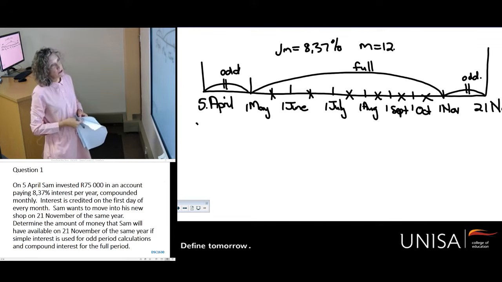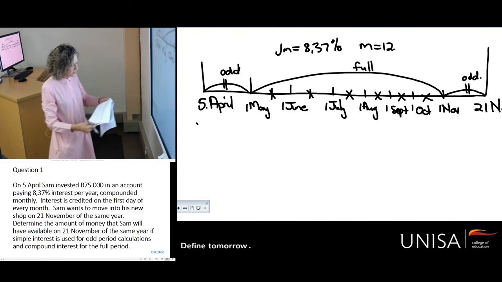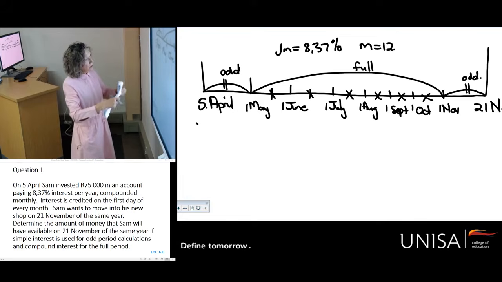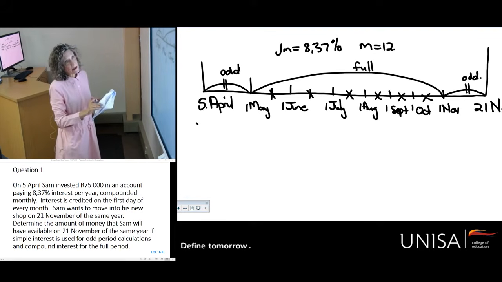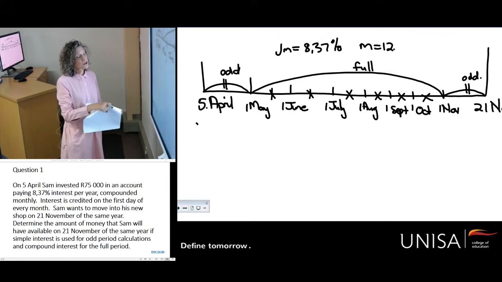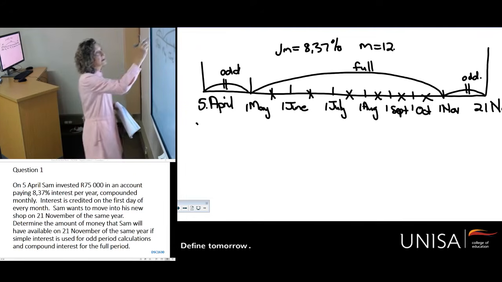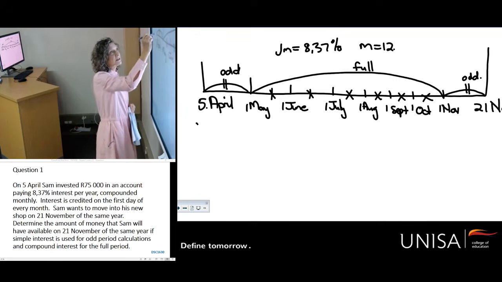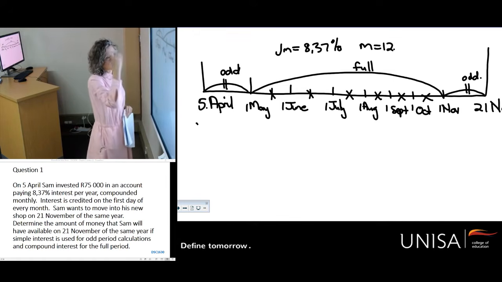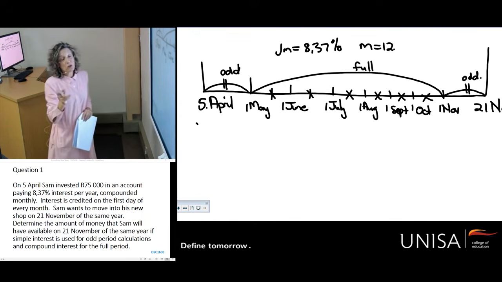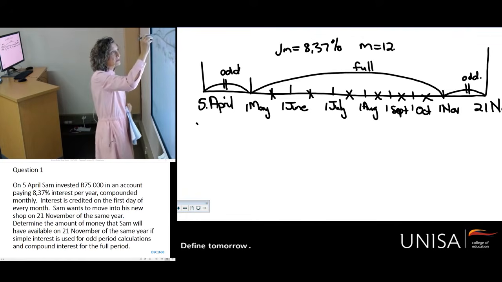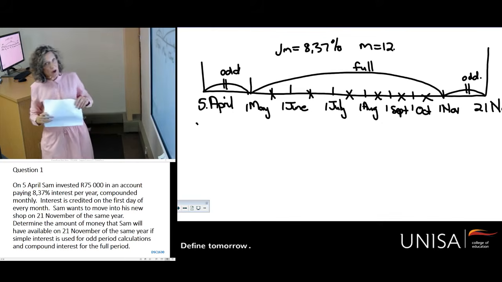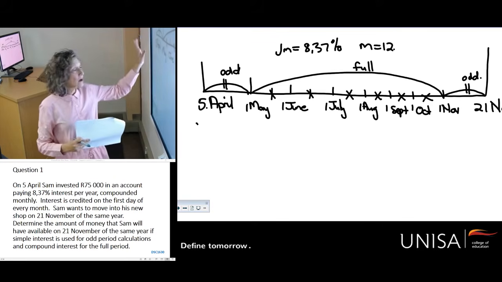Now the third one, after we've identified it, our steps, we would now count the days or determine how big is this odd period. Now firstly, how do we determine, in this case is from the 5th of April to the 1st of May, so now we're working with days. So we count the days from the 5th of April till the 1st of May, and can you remember how do we count the number of days?